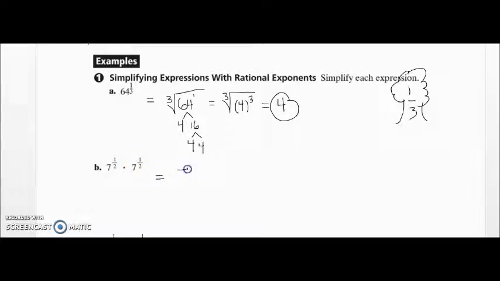So what we end up with is 7 to the 1/2 plus 1/2. Well, what's a half plus a half? It's just 1, or 7 to the first power. Any number to the first power is just that number, so our answer here is 7.